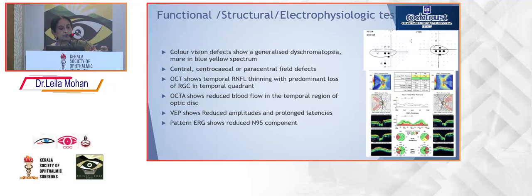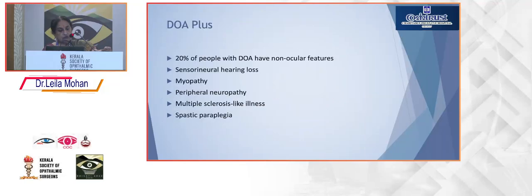VEP shows reduced amplitudes and prolonged latencies, as we see in optic nerve disease, and pattern ERG shows reduced N95 components.